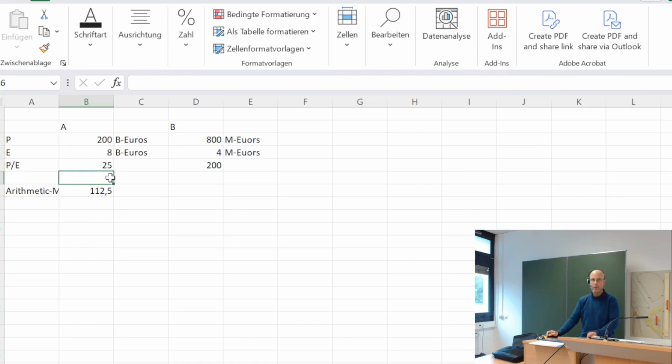So we need the inverted number here, equals 1 over 25.